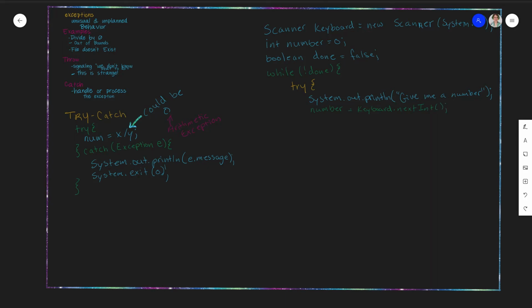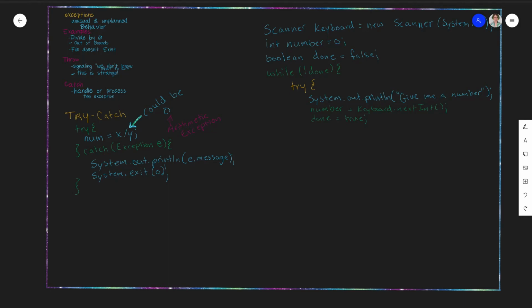Now what happens when the user doesn't do that? So if we can do this, we're just going to set done equal to true. If it works, then we're going to do that.